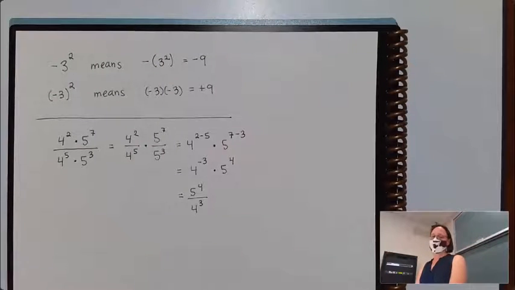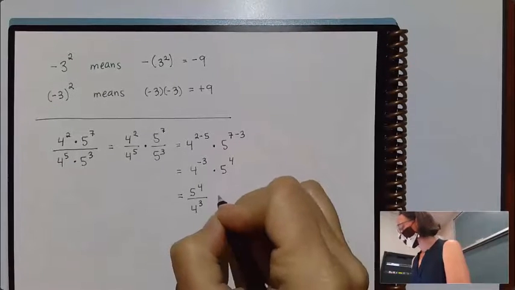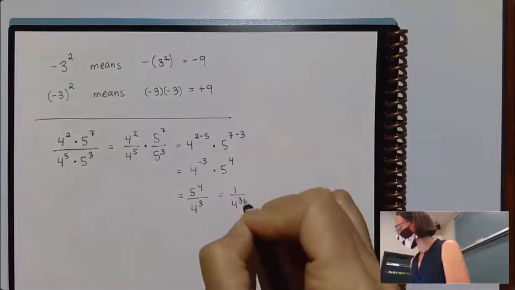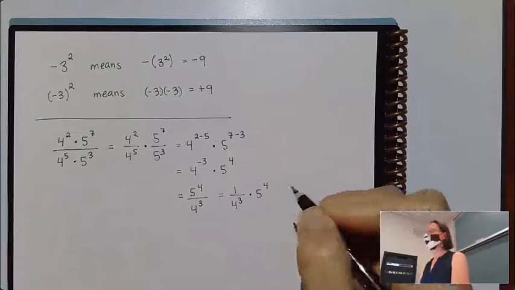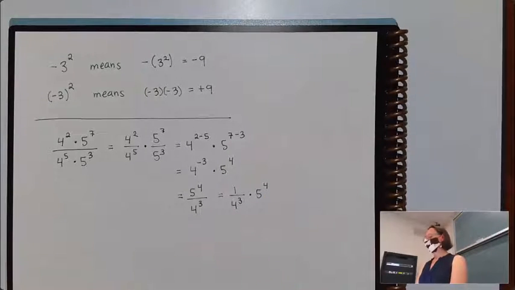Question: so this is equivalent to 1 over 4 to the 3rd times 5 to the 4th, but I'm putting them together.